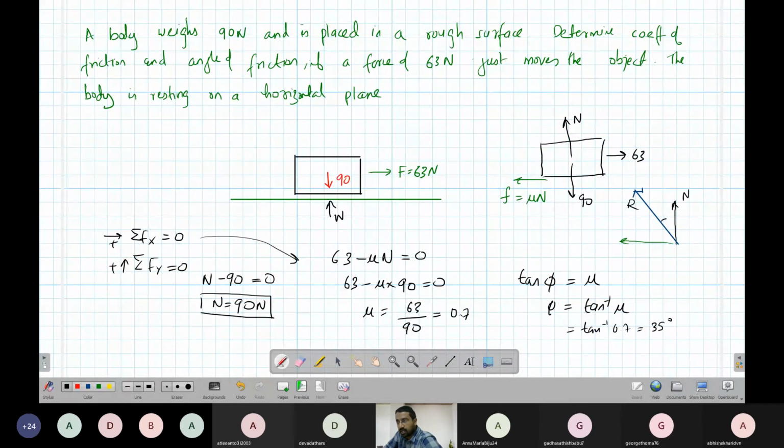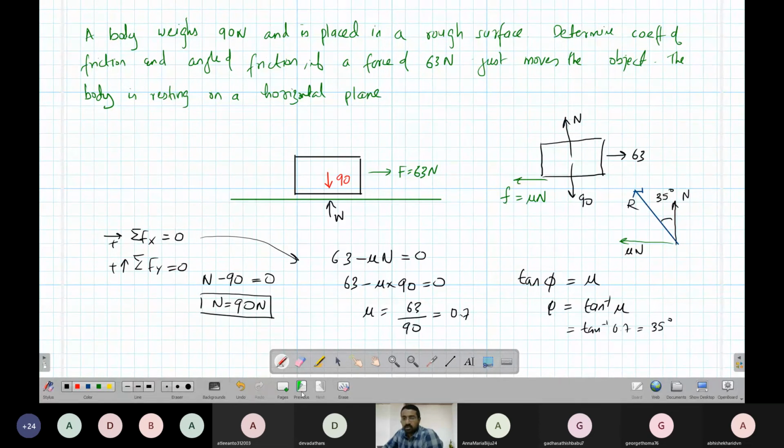The angle of the resultant with the normal will be 35 degrees. So this is the angle of friction. I hope this is clear. If you are confused, you should know what this angle of friction is.